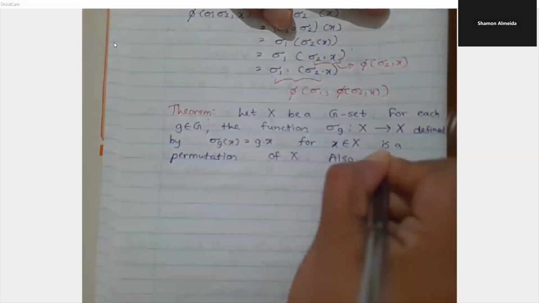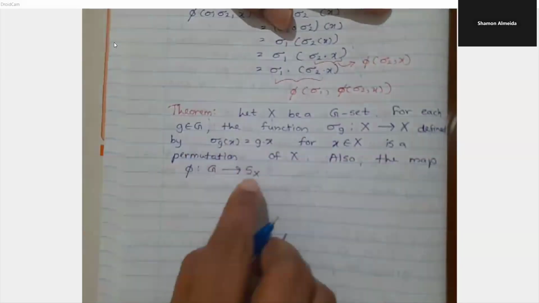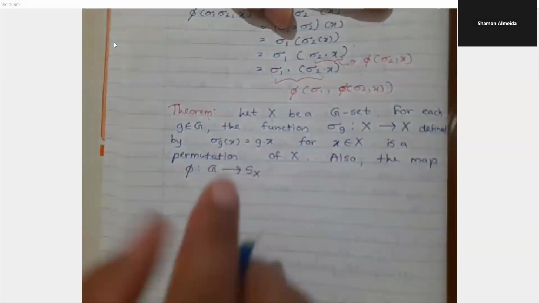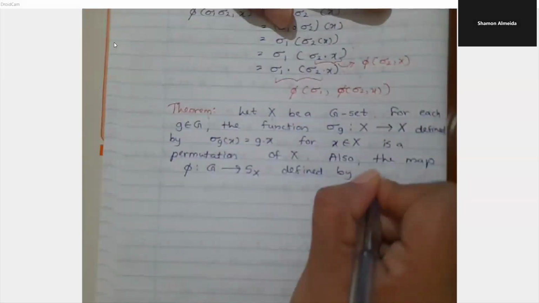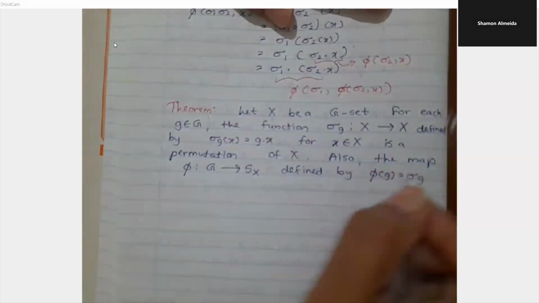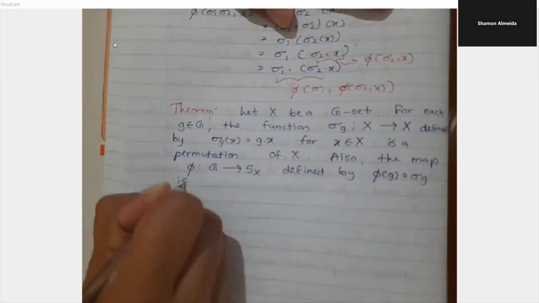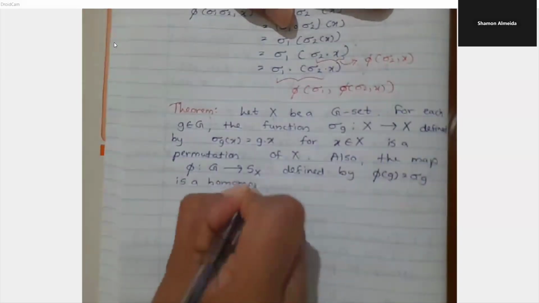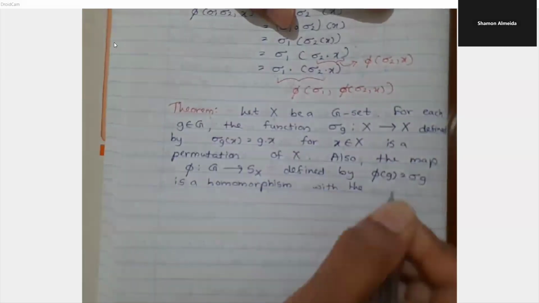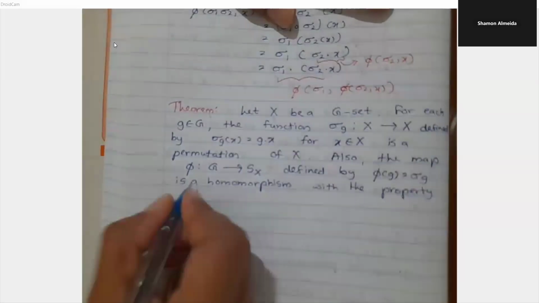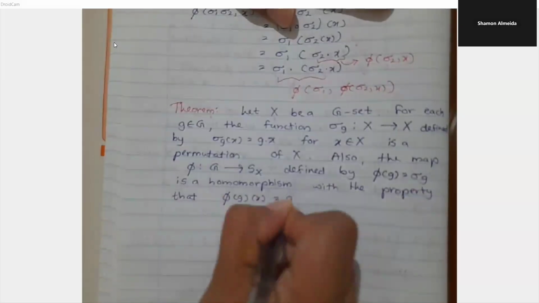Also, the map phi from G to S_X, this is the group of permutations of X, defined by phi of g equals sigma g, is a homomorphism with the property that phi of g of x is equal to gx.